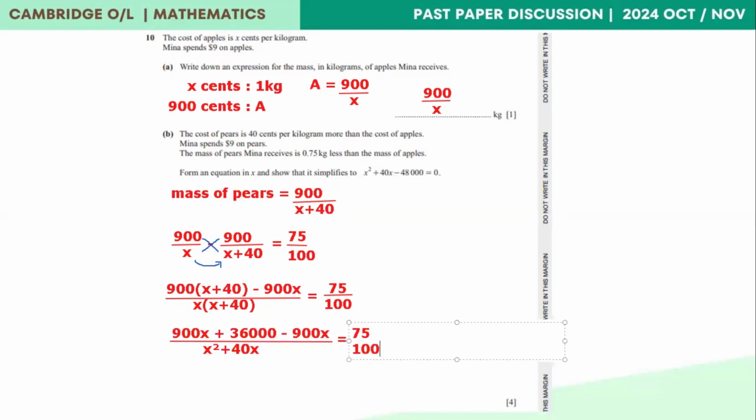We have not done any simplification so far. Now we can see that 900x minus 900x, both of them get cancelled.